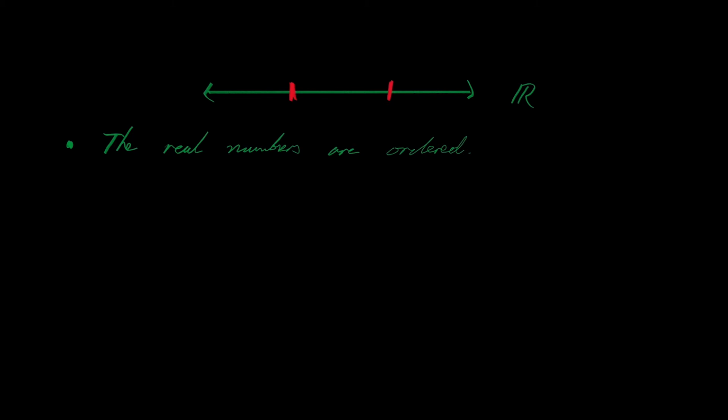If you just imagine two real numbers, let's say A and B, one of three things is going to happen. Either A will be the bigger one, or A will be the smaller one, which is the same thing as saying B will be the larger one, or they're just both the same number.